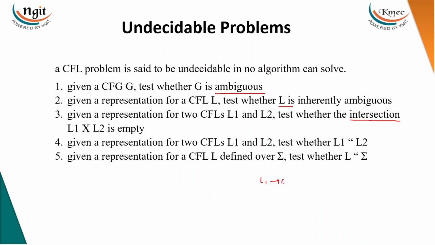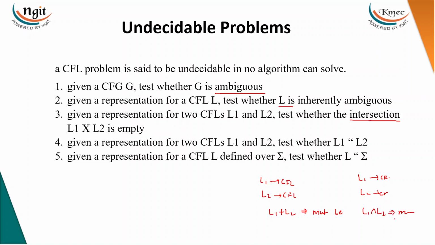If L1 is CFL and L2 is CFL, then L1 union L2 must be CFL. That is decidable. But if L1 is CFL and L2 is CFL, L1 intersection L2 is not closed.